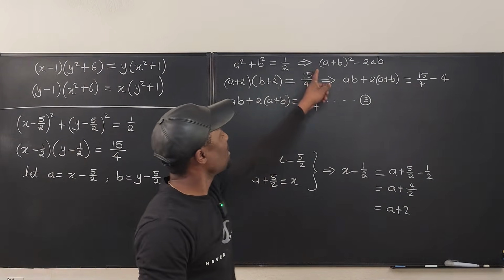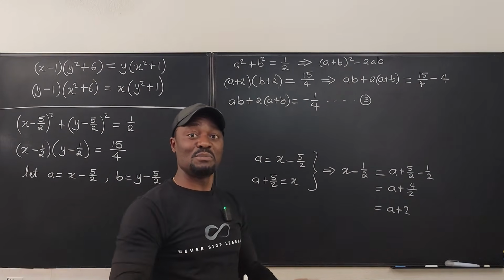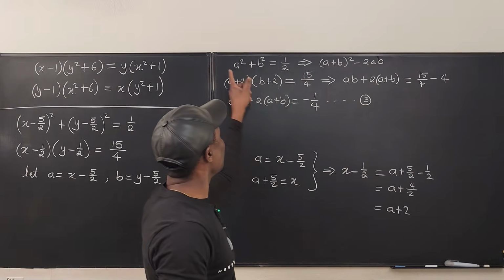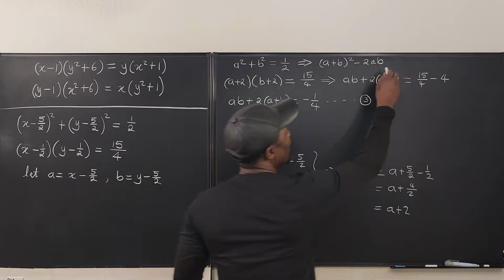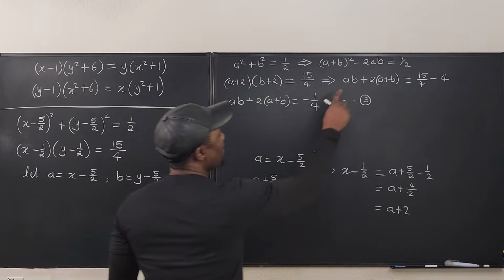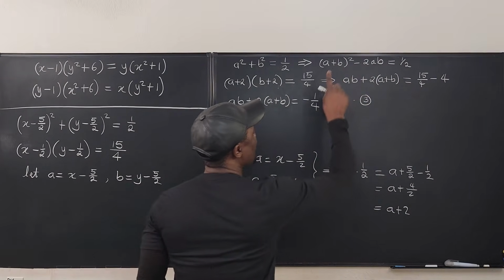Yeah, because a plus b squared is a squared plus b squared plus 2ab, but you don't want the 2ab, so you have to subtract it back. That's how you get this back. Now, and that's equal to 1/2. So see, we have 2ab and a plus b squared.